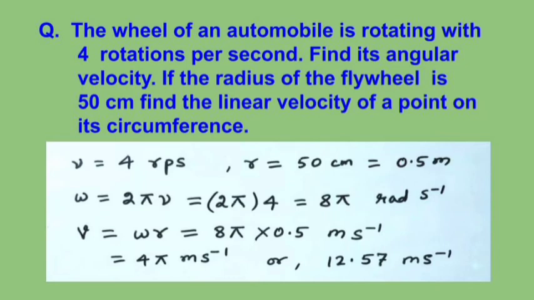The angular velocity omega is equal to 2 pi nu, which is equal to 2 pi into 4, and that is equal to 8 pi radian per second. The linear velocity v is equal to omega into r, which is equal to 8 pi into 0.5 meter per second, which comes out equal to 12.57 meter per second.